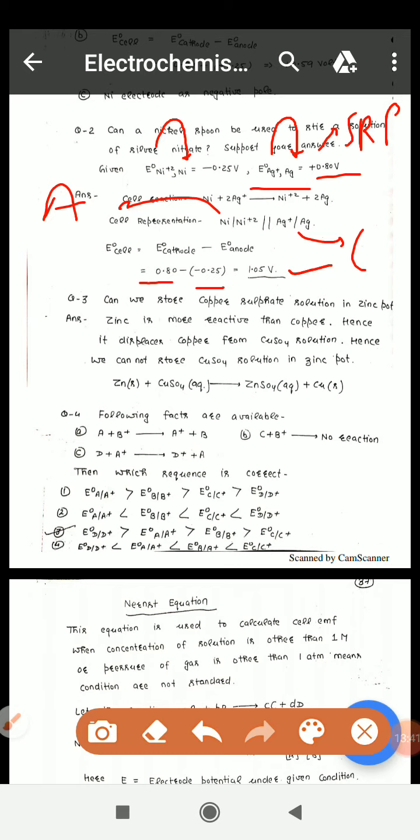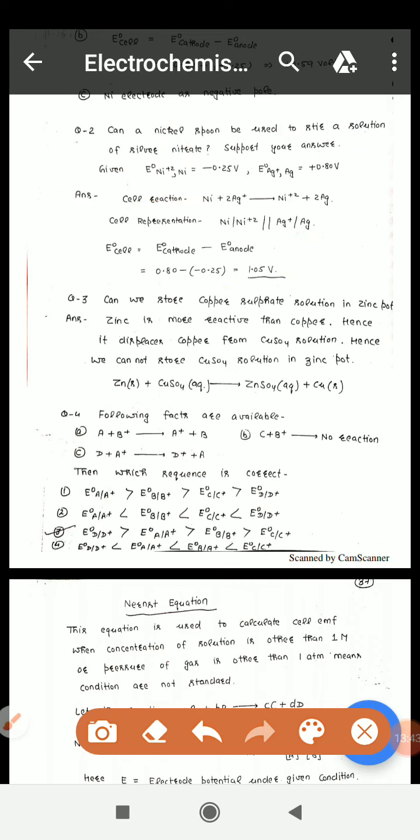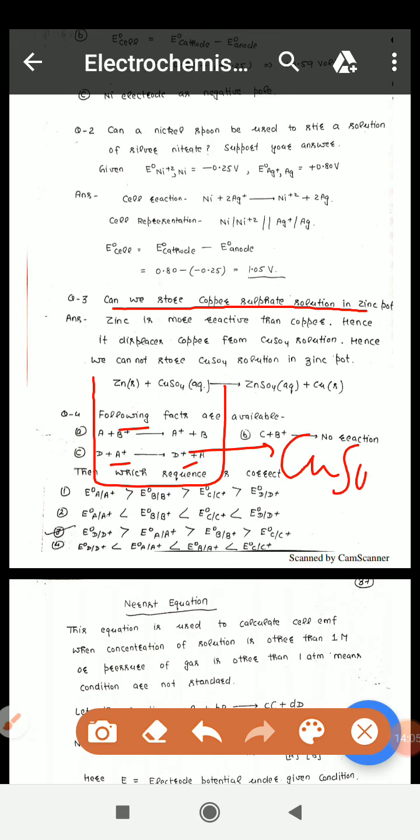The similar third question is, can we store copper sulfate solution in a zinc pot? This is again a very simple question, and it is also asked in the 10th class. You have already discussed this question in the 10th class also. So again, can we store the copper sulfate solution in a zinc vessel? Is it possible?